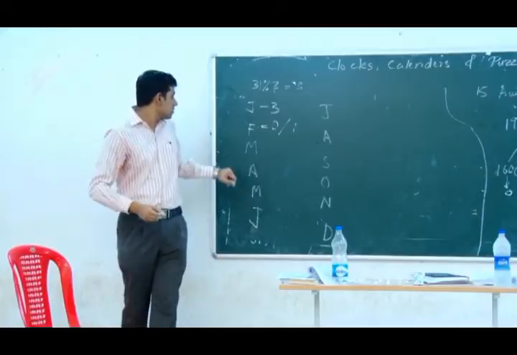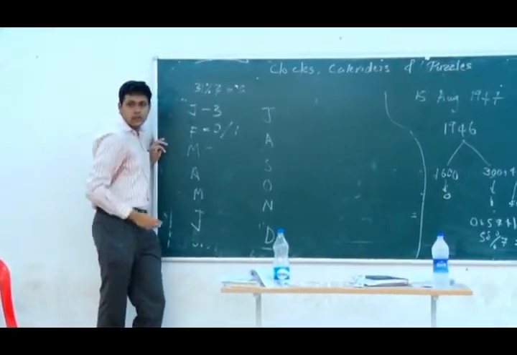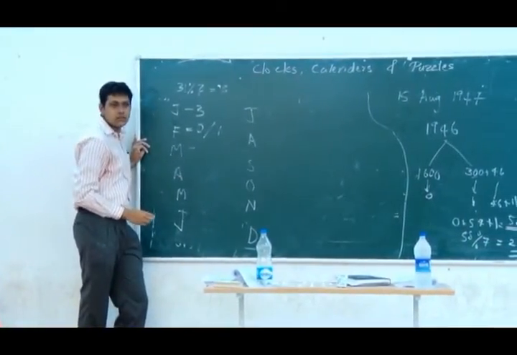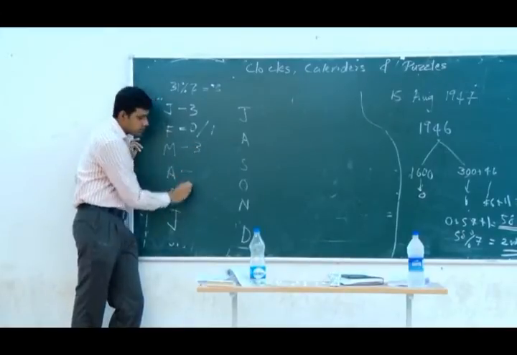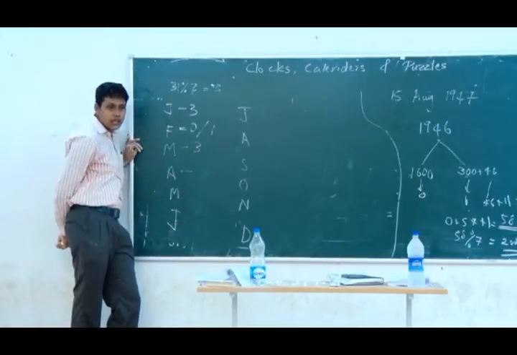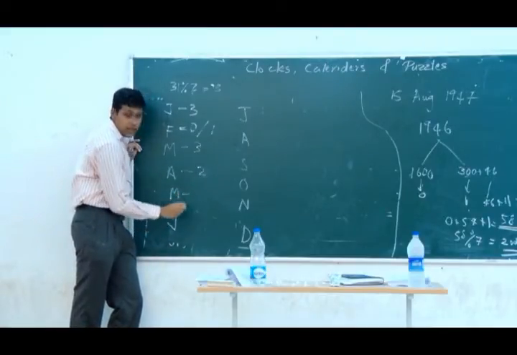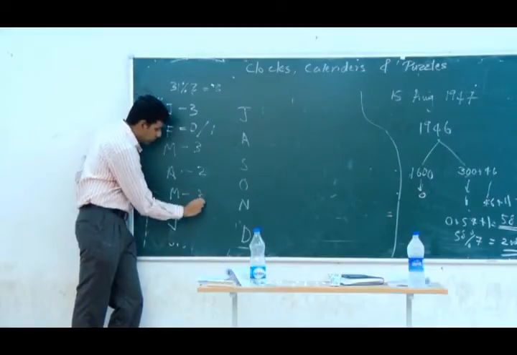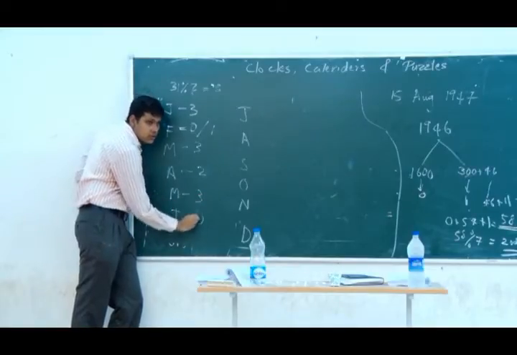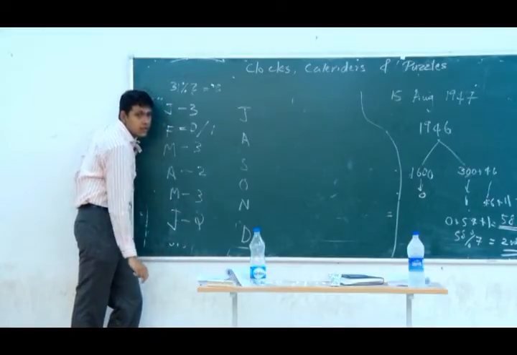Now March, how many days? 31. So the number of odd days is 3. April, number of days is 30. 30 divided by 7 remainder is 2. May, again 31 days, so 3. June, 30 days, so remainder 2.